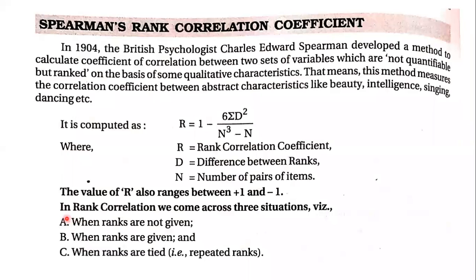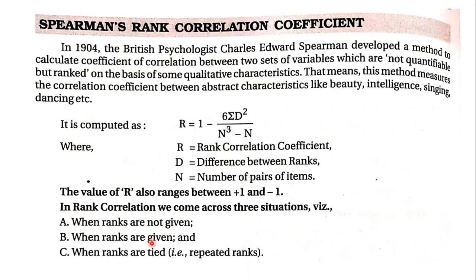Now there are three situations where we will be solving this rank correlation. First one is when the ranks are not given. They don't give us ranks, so we have to directly assign the ranks and then solve the problem. The second scenario is when ranks are given.